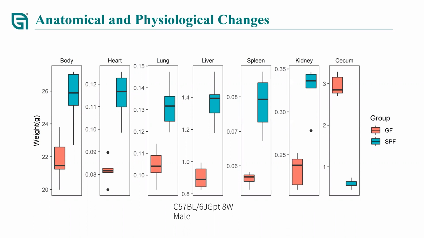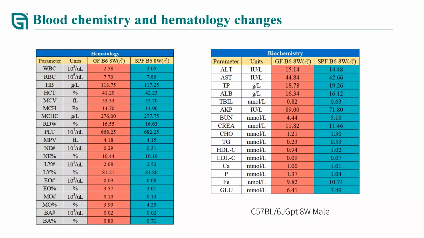So our own data recapitulates most of the phenotype differences that are reported in the literature. But interestingly, differences were also found in the physiological characters between SPF and GF mice, in hematology and blood chemistry, but the biochemical parameters had no significant differences between Germ-Free and SPF mice.